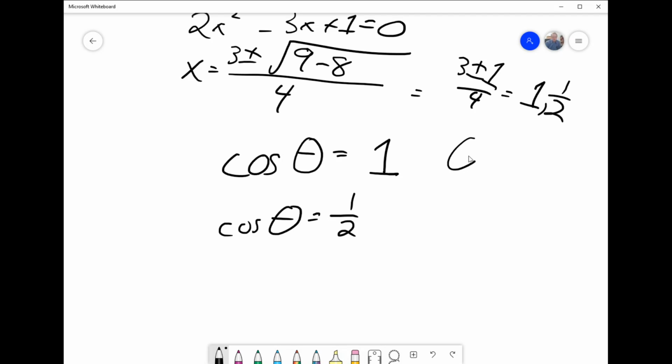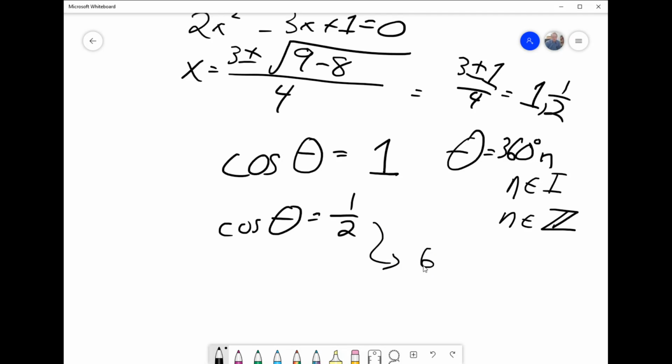So here theta is going to be 360 degrees times n, where n is an integer, which we do have to specify. Alberta curriculum likes to use I. Everything after graduation will use Z.